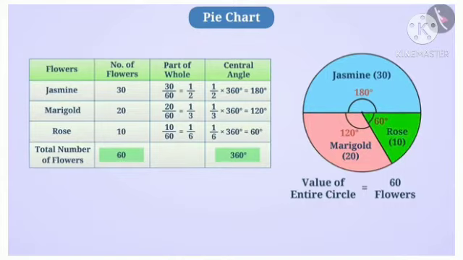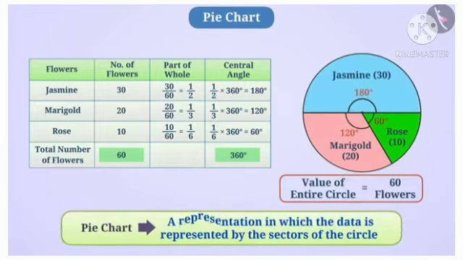Here we have represented the division of the total number of flowers in the form of various sectors of the circle. A representation in which the data is represented by the sectors of the circle is called a pie chart.